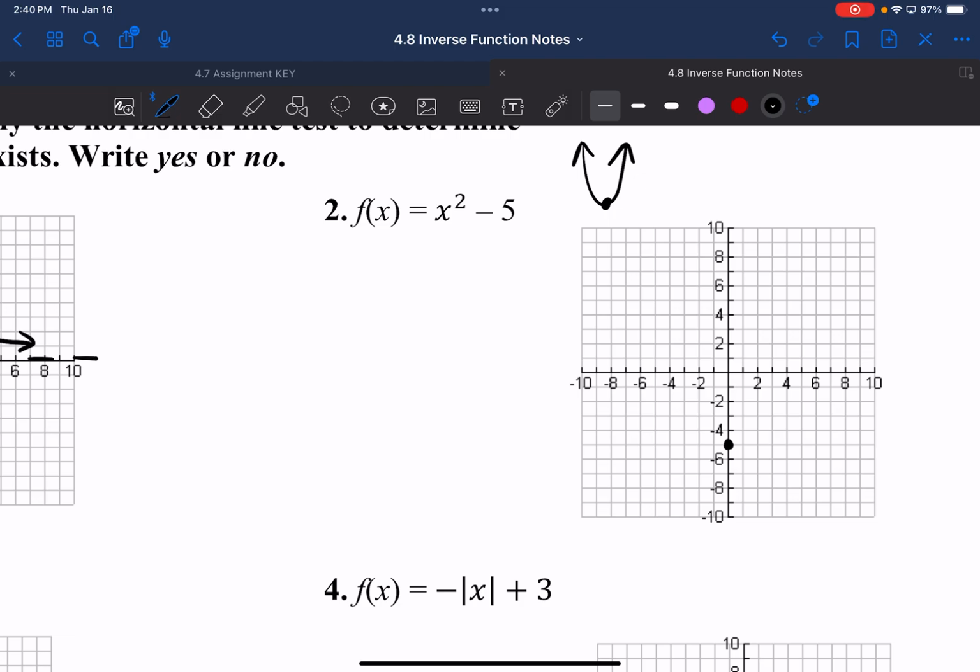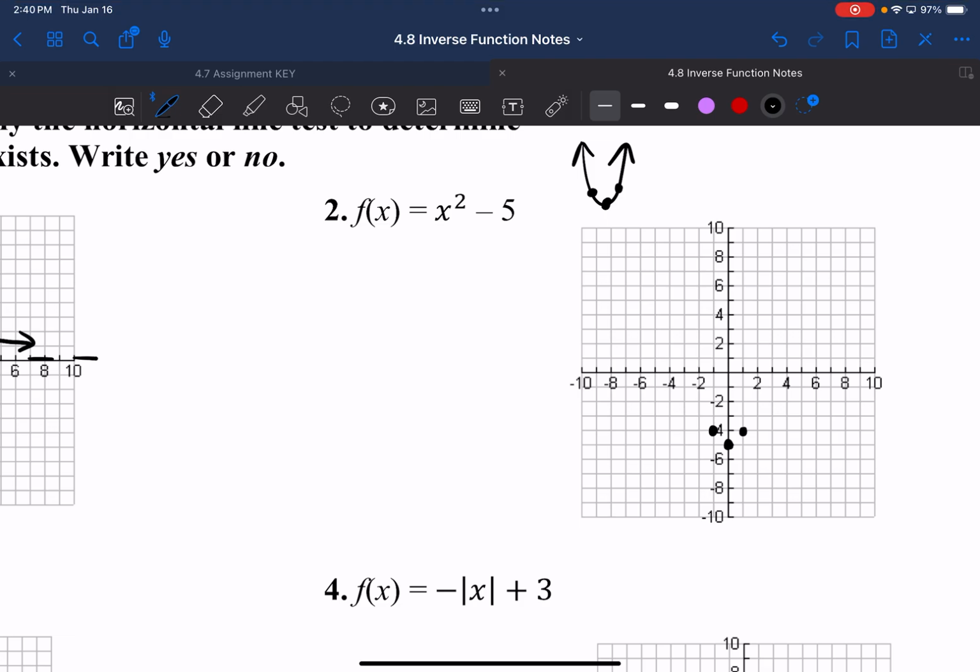So I'm going to put a point here. Okay, and then we should also know right here and right here we have points. How far away are those points from the origin? 1 and 1, right? So I've got 1 in this direction, 1 in this direction. Okay, that's enough for you to be able to give me a sketch.